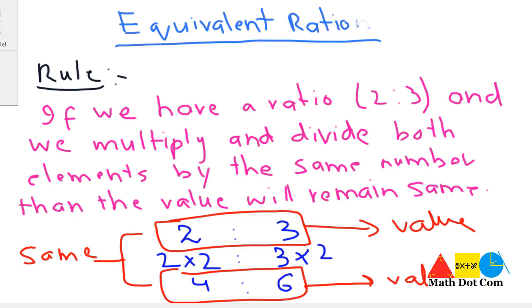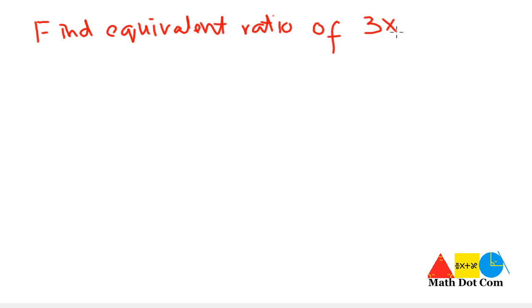Let's take another example. For example, you have to find the equivalent ratio of 3 ratio 4. What will you do? For example, if I give you the options, one option is 21 ratio 36.